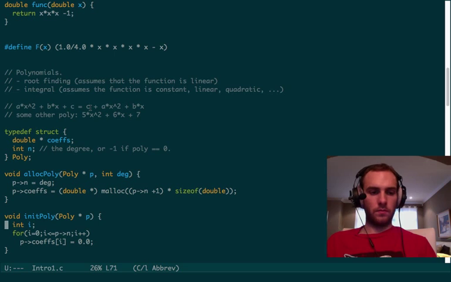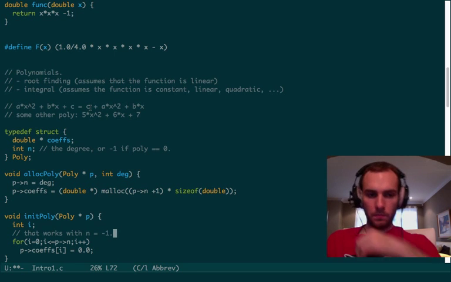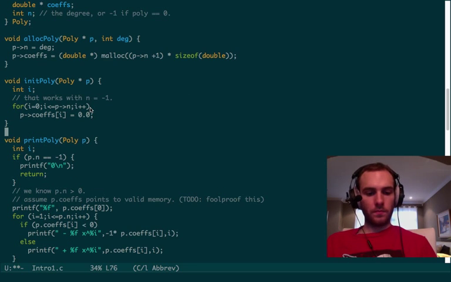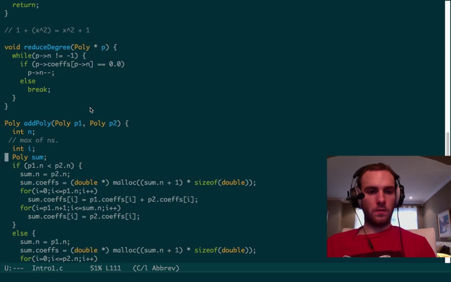Okay, so that works with n equals -1. Print poly doesn't use that.